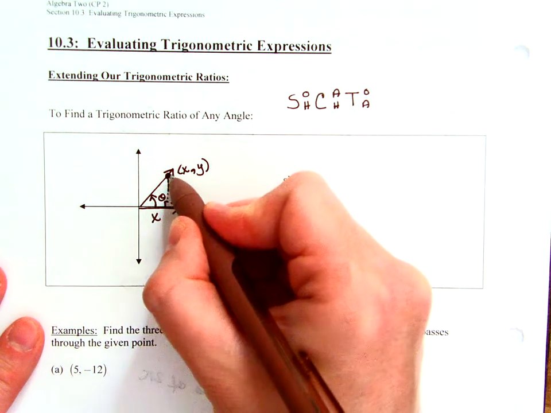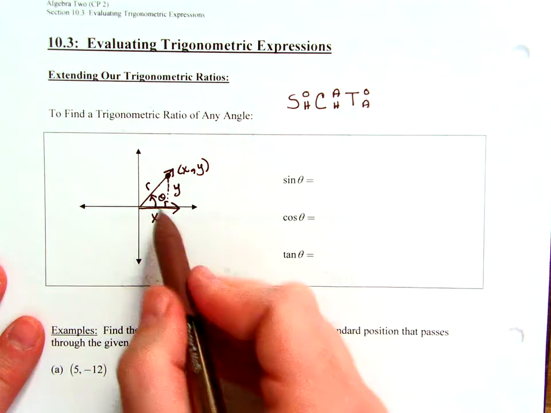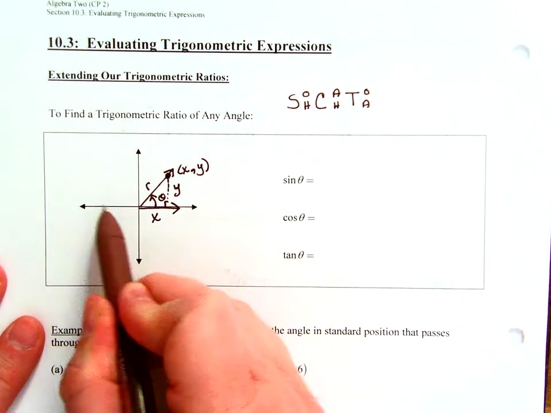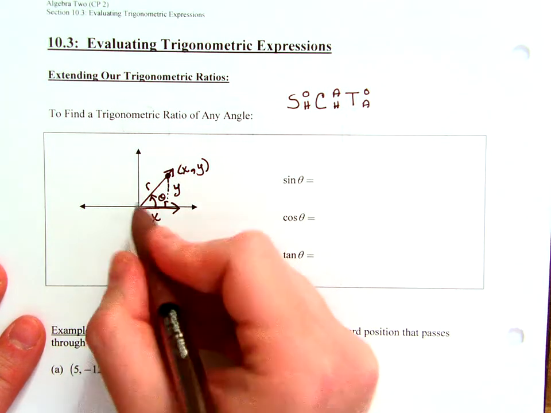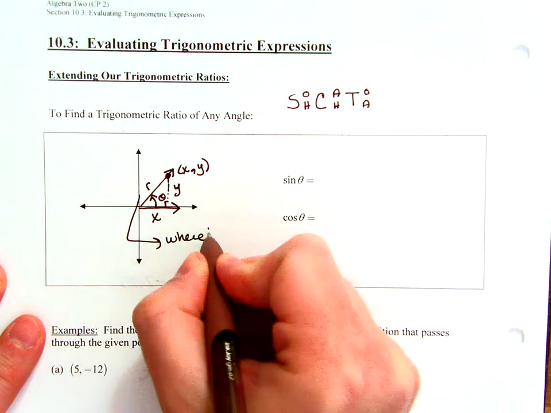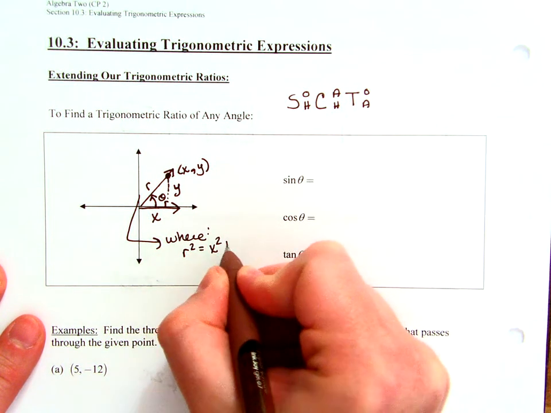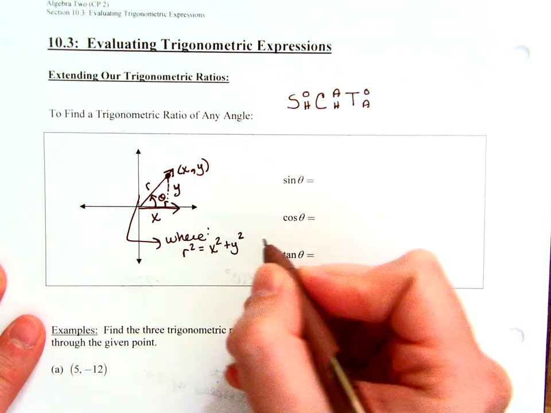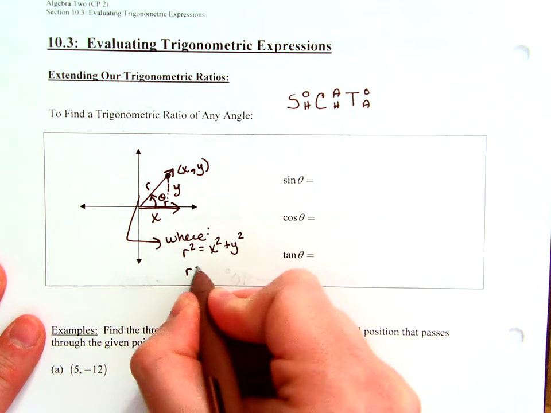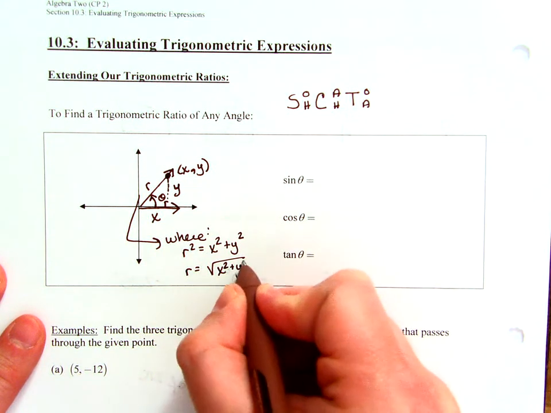As for the hypotenuse, I'm going to call it r, as in the radius of some sort of circle that I'm spinning around here. However, we can calculate that r by using our Pythagorean theorem. We can say r squared equals x squared plus y squared. But I really wanted r, not just r squared. I can say r equals the square root of x squared plus y squared.